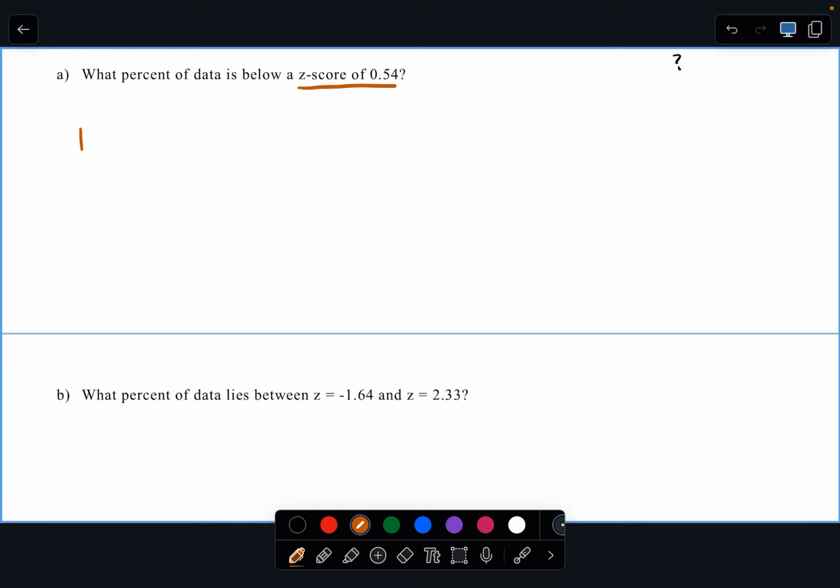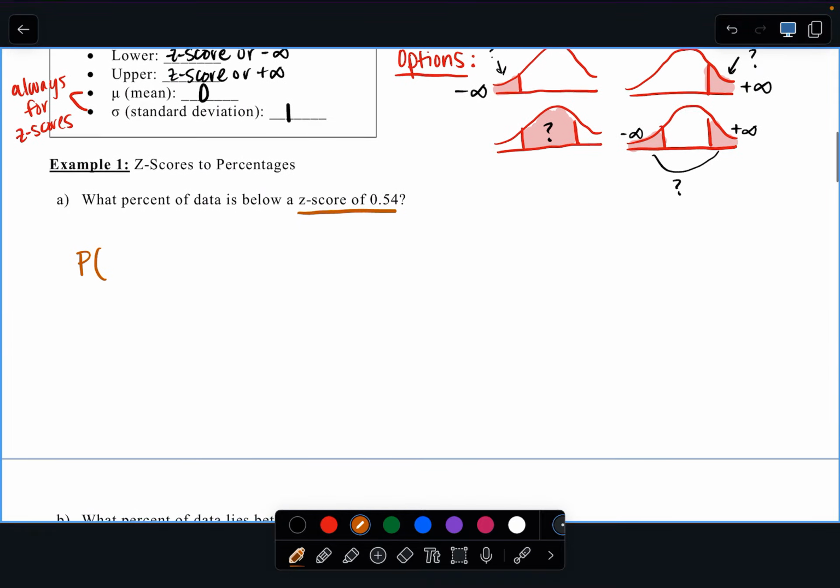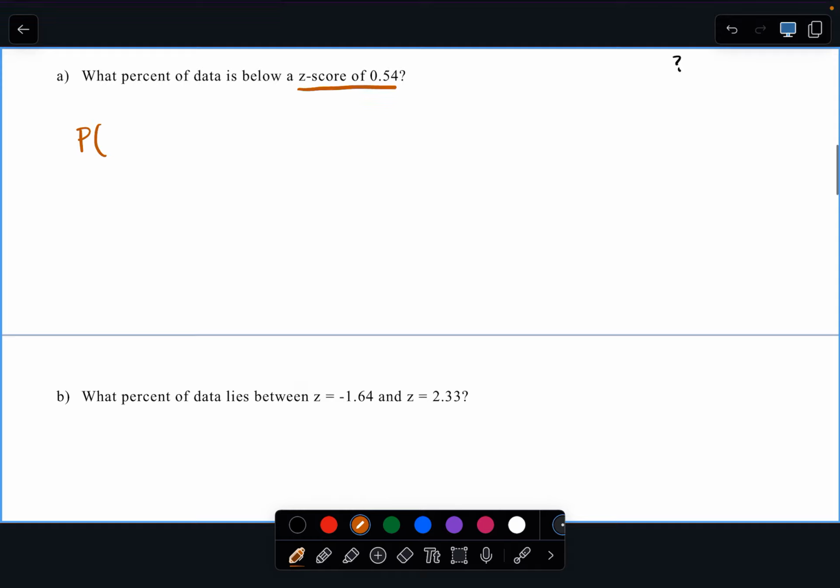Now, the next thing that College Board requires is that you have something indicating direction. So you can sketch a picture like what I have up here. Another option is you can go in and say, I want to find the probability that z is going to be less than 0.54. Now, I'm going to include both options so you can see both. Some people prefer probability statements, and some people prefer just drawing a picture.